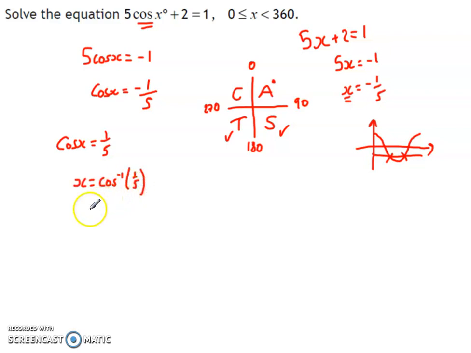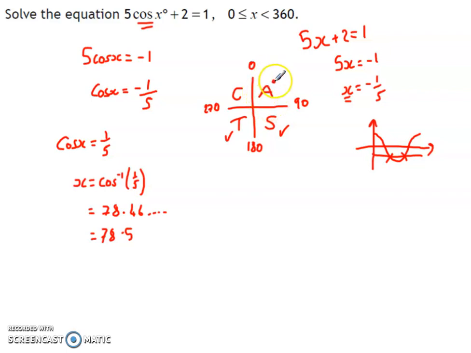And we can just plug that straight into your calculator and you get 78.46, and then it continues on. So let's round that to one decimal place and say 78.5. That gives me a solution in this quadrant here. But we are not interested in that solution. We want the solution in these two quadrants here.